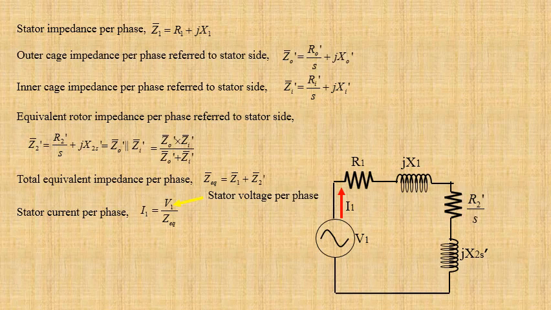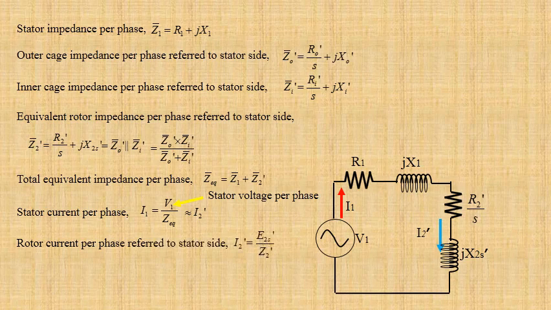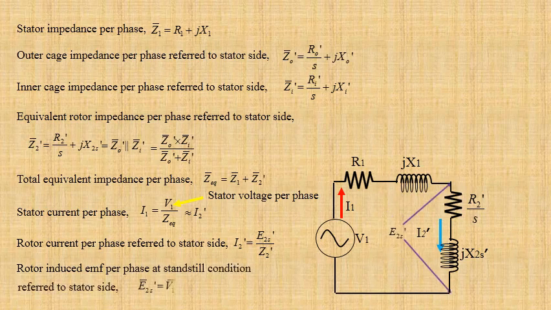If we neglect magnetizing current, I1 is approximately equal to I2'. Rotor current per phase referred to stator side I2' equals E2S' by Z2', where rotor induced EMF per phase at standstill condition referred to stator side E2S' equals V1 minus I1 into Z1.